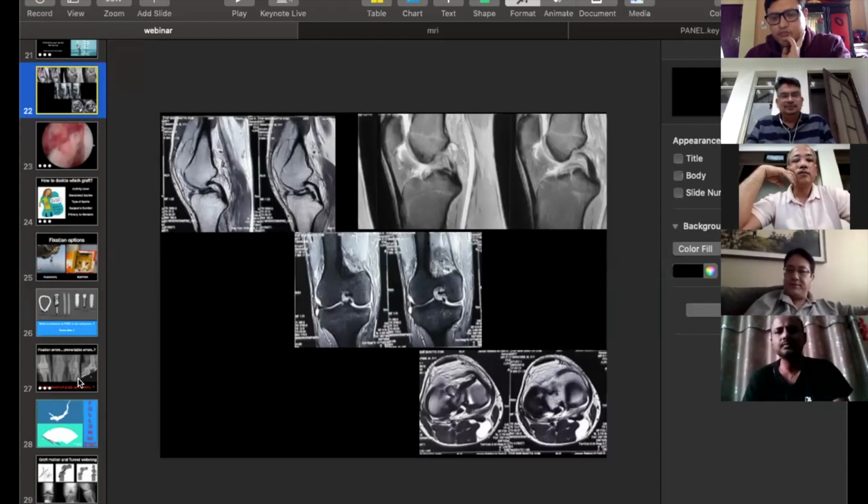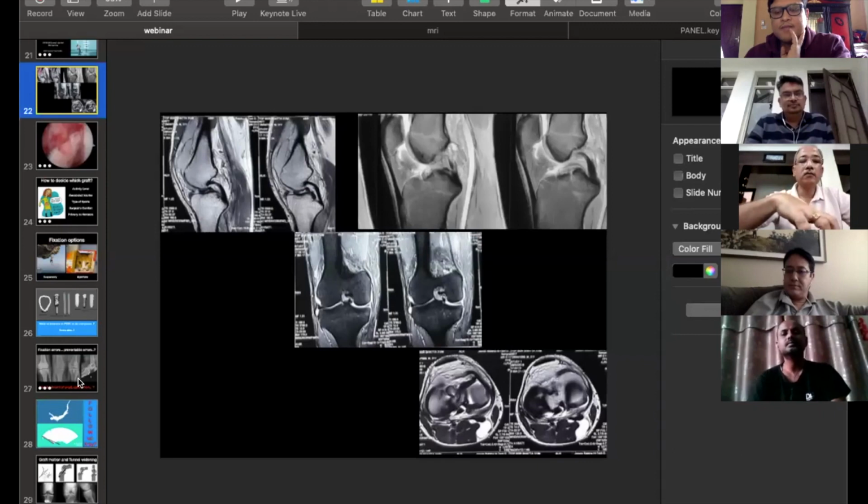There will sometimes be cases which you will be puzzled with, but in the majority of the cases you should be able to correlate your clinical and MRI finding, provided that you do your MRI reading yourself. I really agree with our panelists.